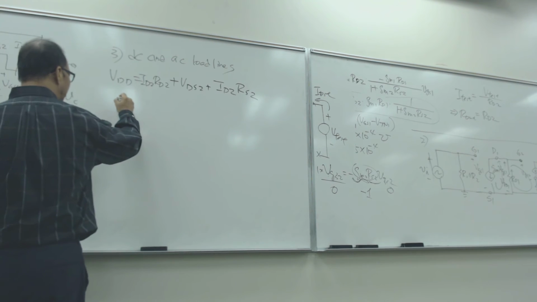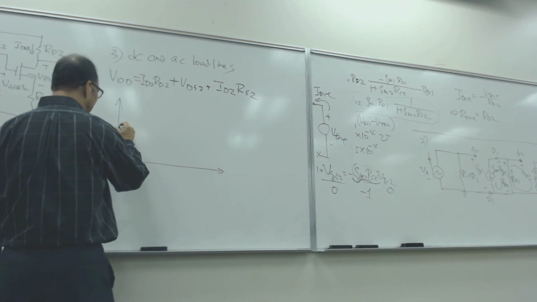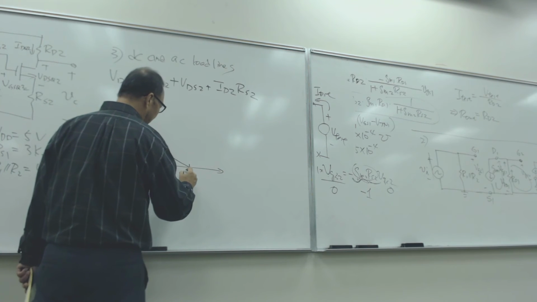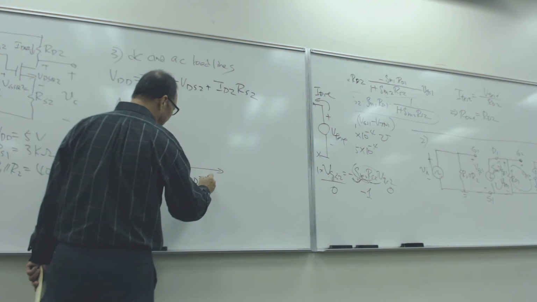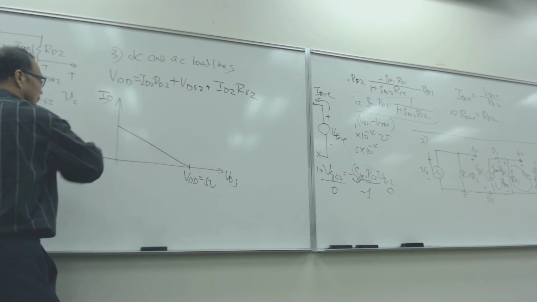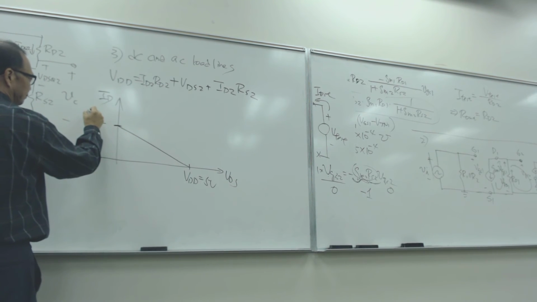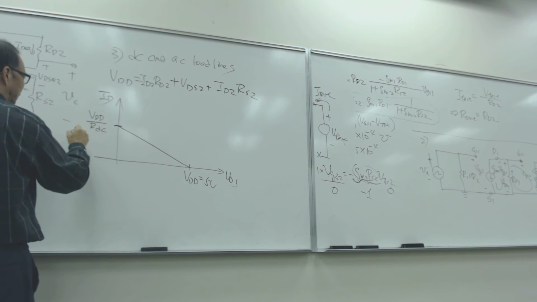Okay, so that's the KVL equation of the output loop of the second stage. Right? So from here, you should know that the DC line goes like this, right? So this is VDD by both. And here, it's VDD over RDC.